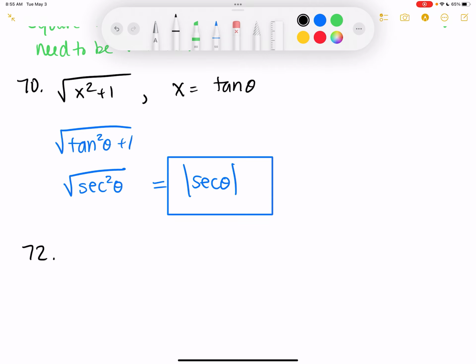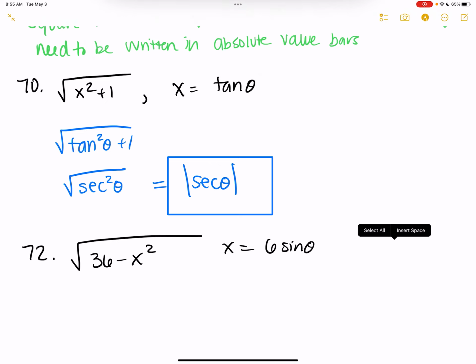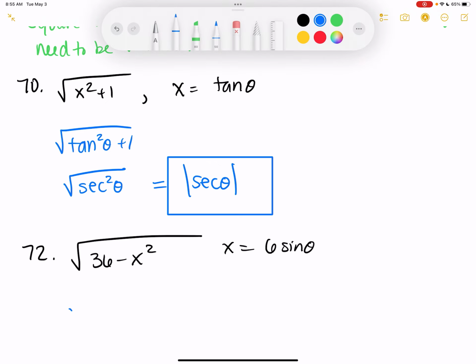72. The square root of 36 minus x squared, x equals 6 sine of theta. Okay, so you put the x in. So 36 minus 6 sine of theta squared.